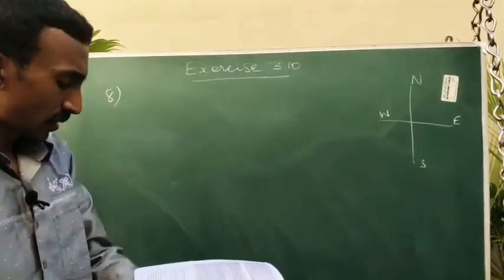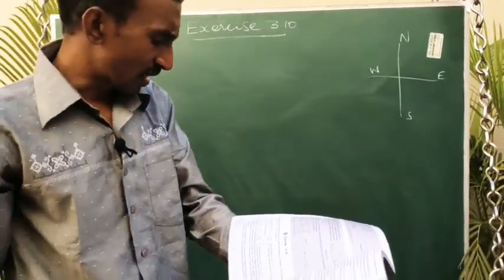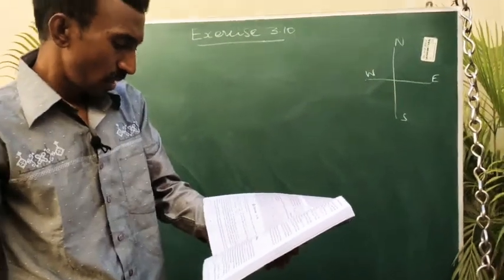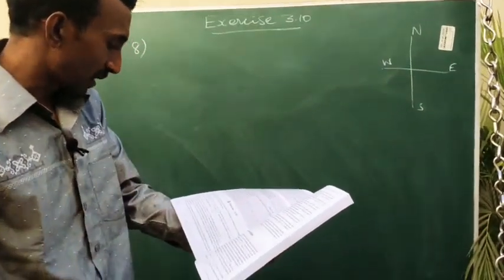Number 8 in exercise 3.10. A researcher wants to determine the width of a pond from east to west, which cannot be done by actual measurement.